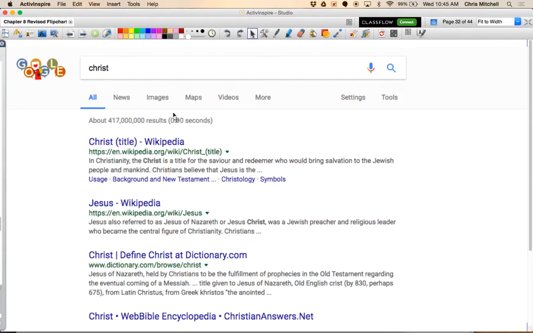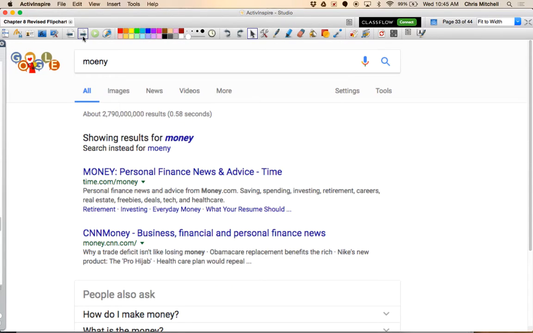But if you search money, wow, 2,790,000,000 results. This is an extremely large number. So we're going to talk about how we can write numbers like this that are pretty large, or some could be really, really small, and how we can abbreviate our number.